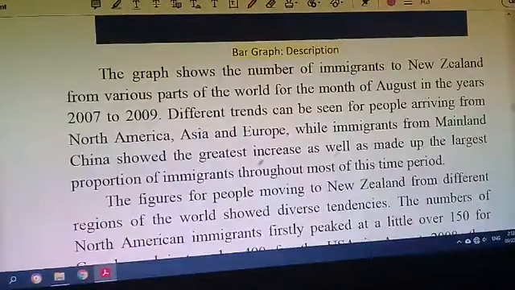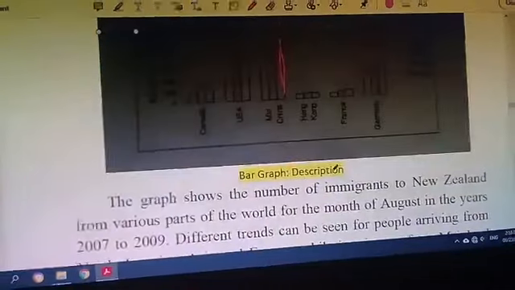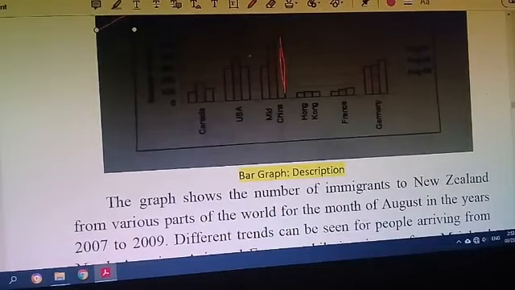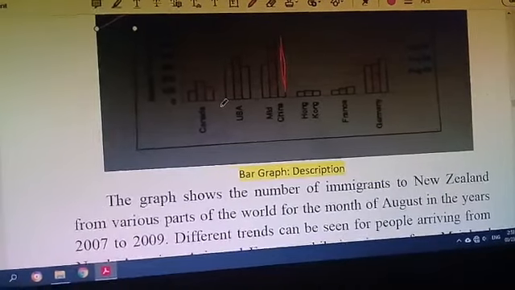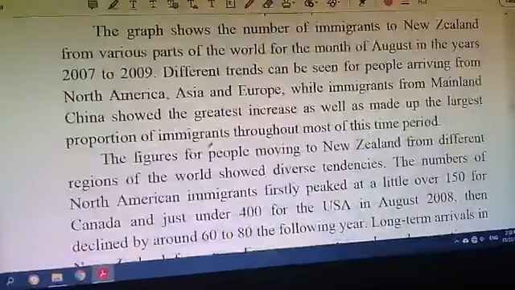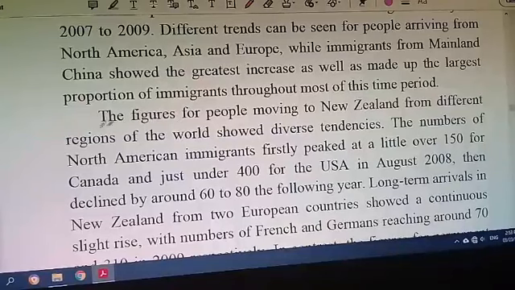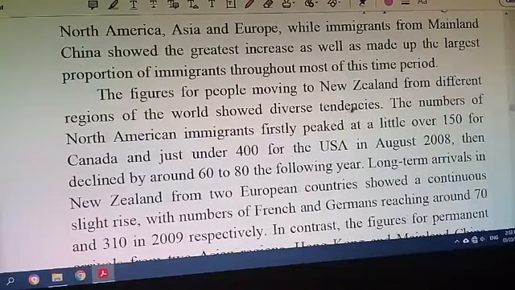While immigrants from mainland China showed the greatest increase, they also made up the largest proportion of immigrants throughout most of the time period. That is the primary conception. Next, the second paragraph: the figures for people moving to New Zealand from different regions of the world showed diverse tendencies.